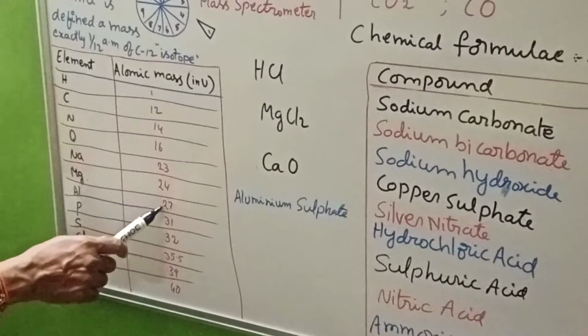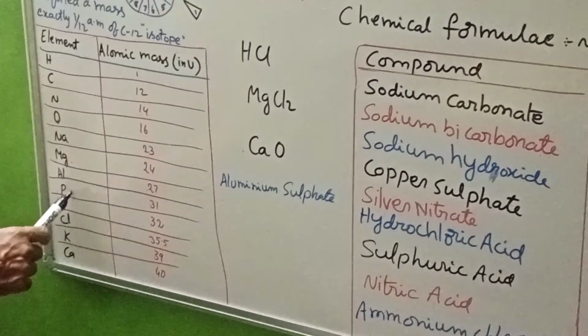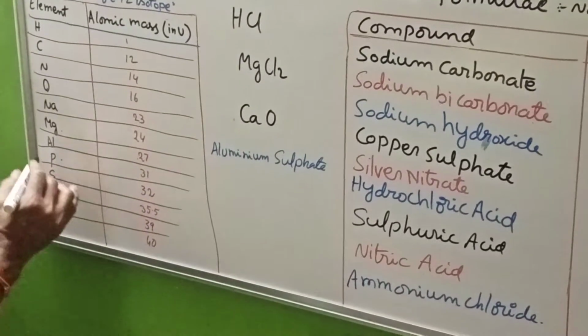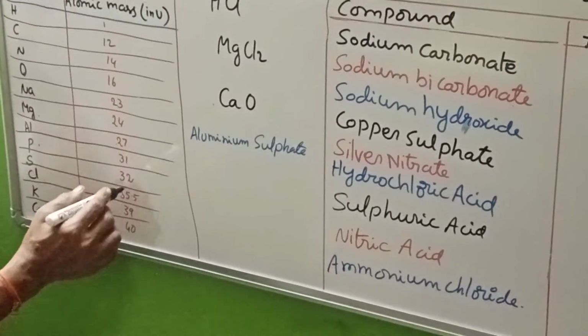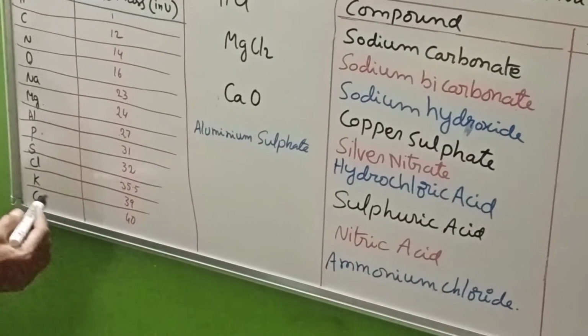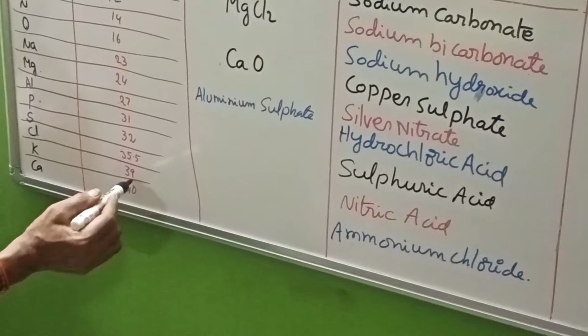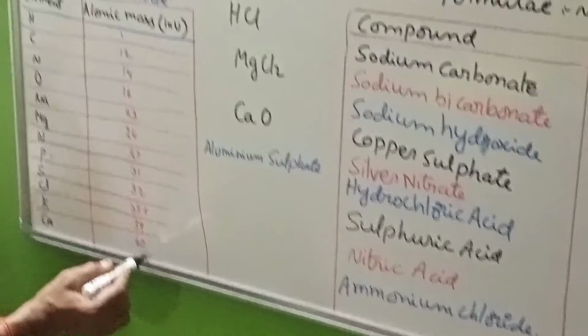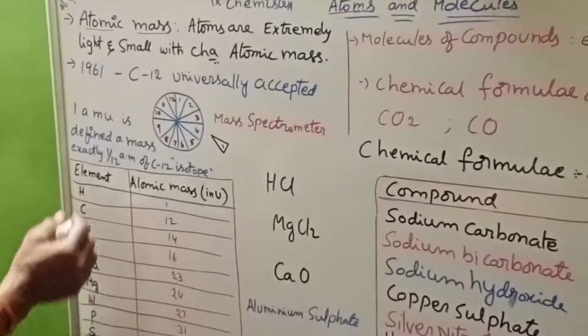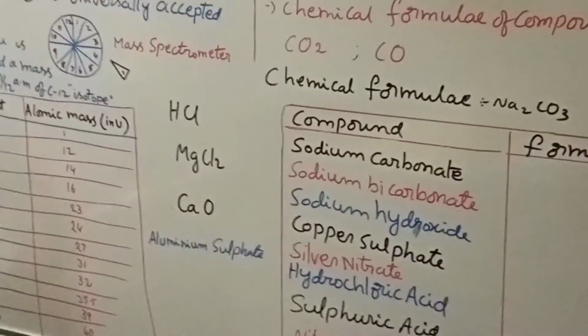Aluminium is 27. Phosphorus is 31 and sulfur is 32. Chlorine is 35.5, potassium is 39 and calcium is 40. So these are the atomic masses of the given elements in tabular form.